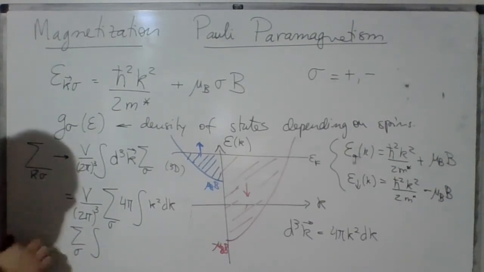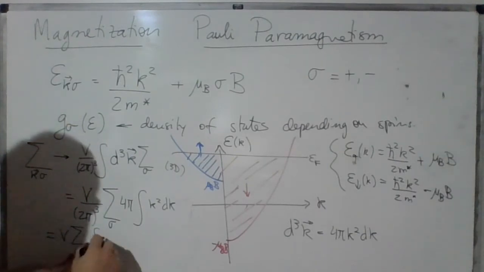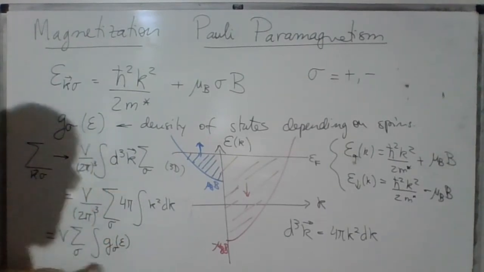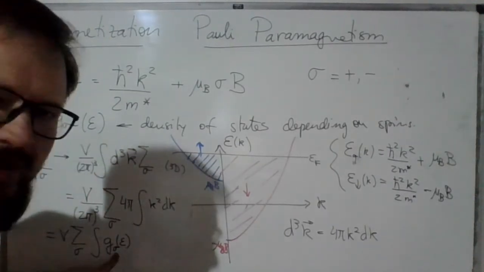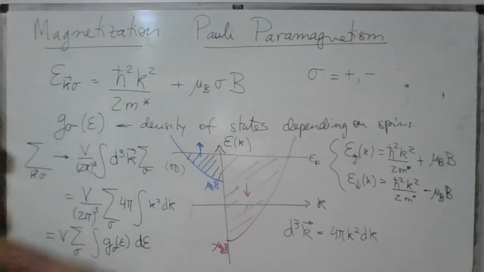And this will become a summation over spins, an integral. I'll keep the volume here. Okay, volume times the summation over sigma, over spins of the particles, of a density of states for that spin. It now differs from one spin to the other, and it is integrated over energy.